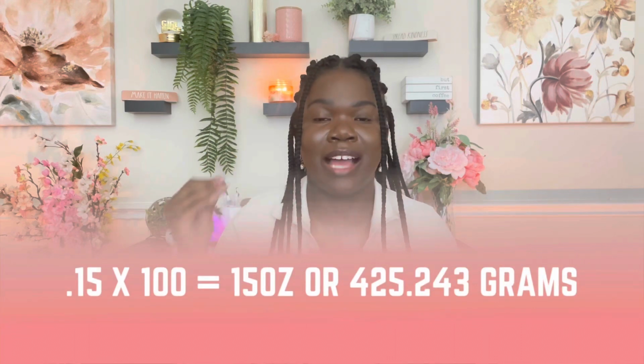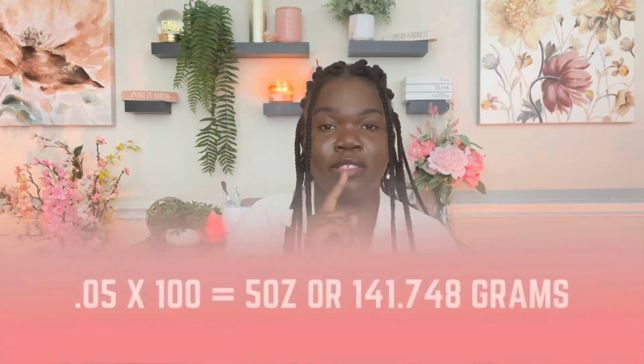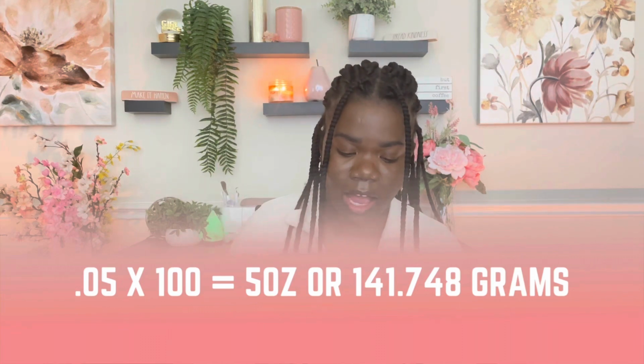Then you're going to take your 15% of the cocoa butter, so you're going to take 0.15 times that by 100, and that's going to give you 15 ounces for your cocoa butter. Then 0.05 is what you're going to use for the beeswax. It's 5%, so you want to make sure you do 0.05 for the percent and times that by 100, and that's going to give you 5 ounces.